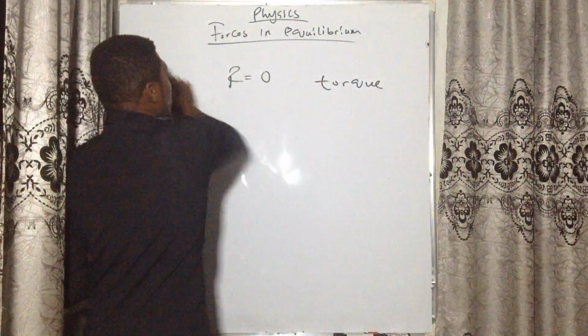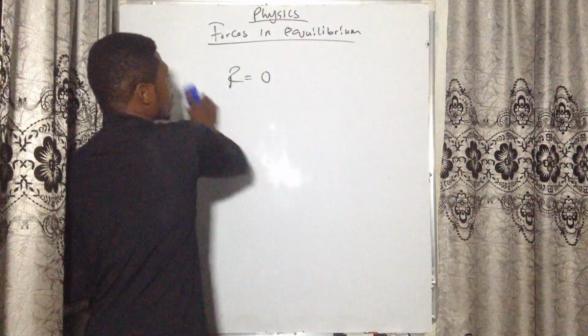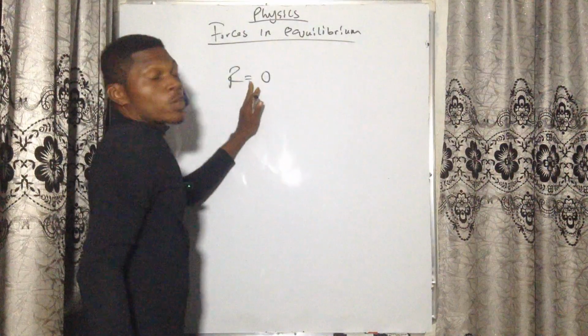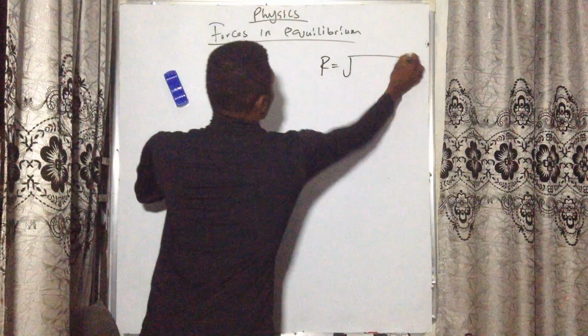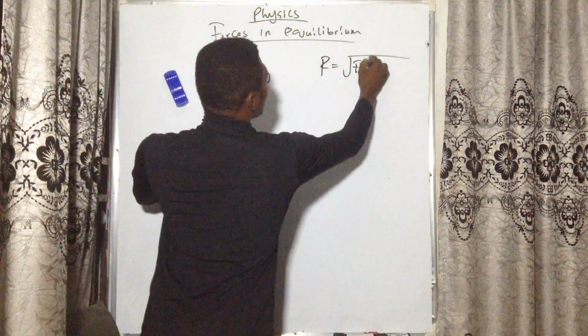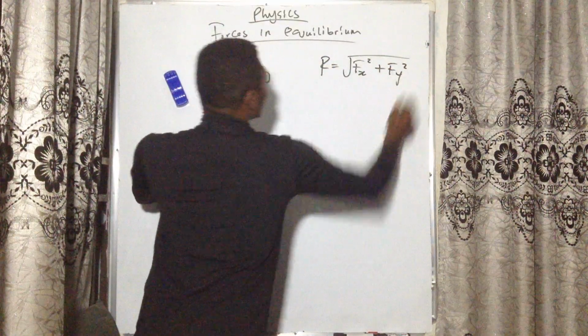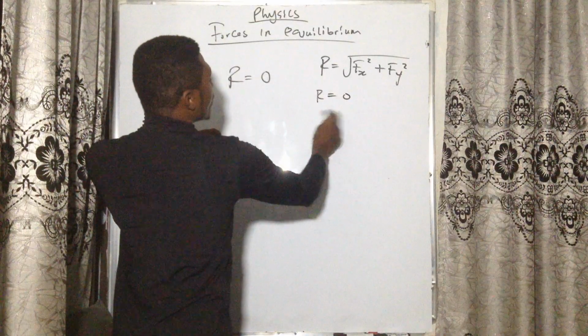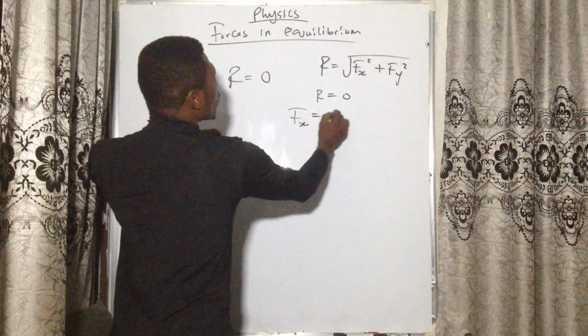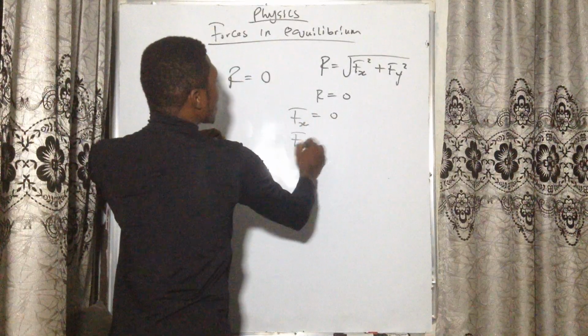So now let us digest these two conditions. First of all, they say the resultant force is 0. This is the expression of the resultant force. R is equal to the square root of Fx squared plus Fy squared. Now, if the resultant force is 0, it means that Fx is equal to 0 and also Fy is equal to 0.